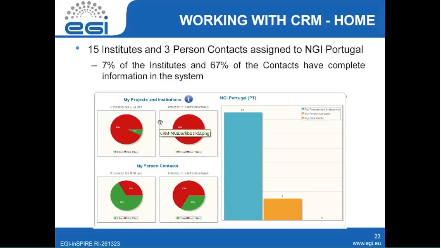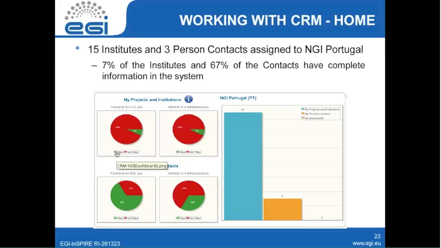The circular graph on the bottom left, regarding the person contacts, shows that 67% of the contacts assigned to my NGI have complete information, and 33% of the contacts assigned to my NGI have incomplete information.